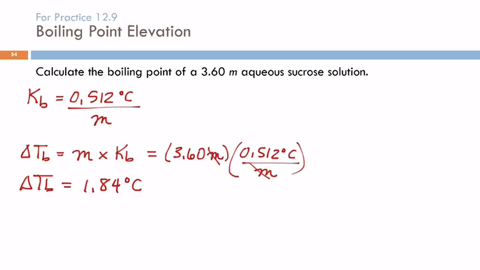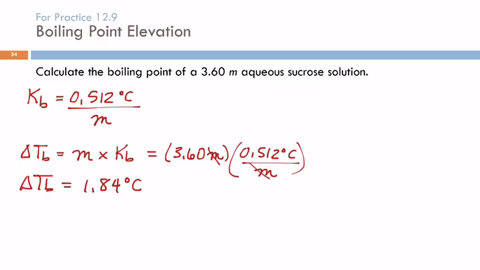Is that the answer to the question? No. That's the boiling point elevation. It's asking what's the boiling point. Well, what's the normal boiling point of water? We should know this. 100 degrees Celsius. So do I add that to 100 or do I subtract it from 100? Add it. Because what this does is it makes the boiling point higher and the freezing point lower.